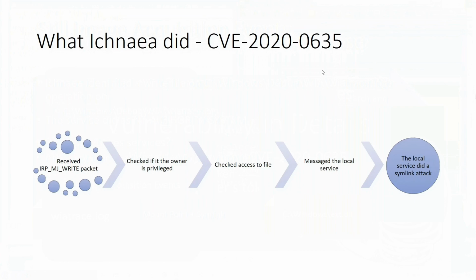We had access to this file. We could also delete actually the WER directory, but by doing such, we needed to wait for the service to recreate it because we do not have access on the parent directory, which is C Windows debug, naturally. We messaged the local service, and the local service did the Symlink attack.